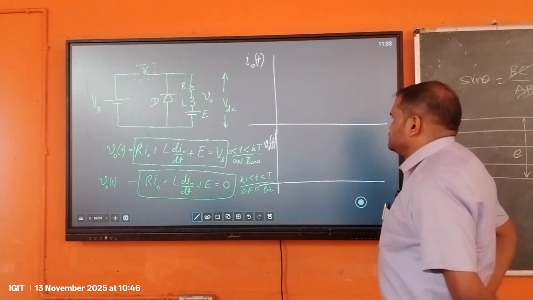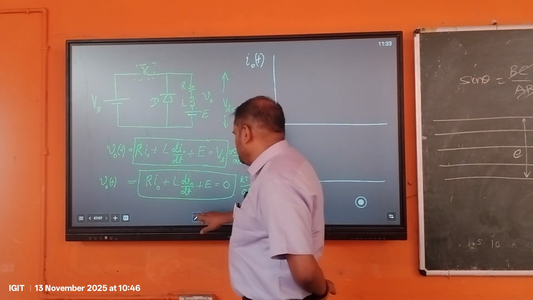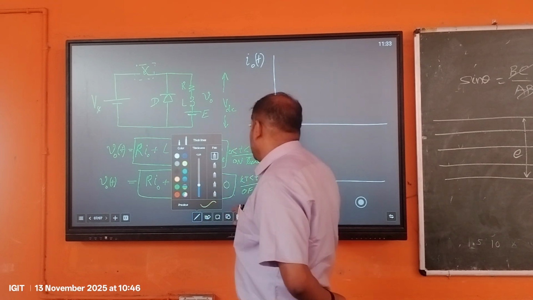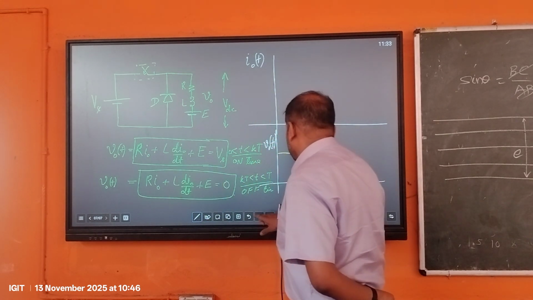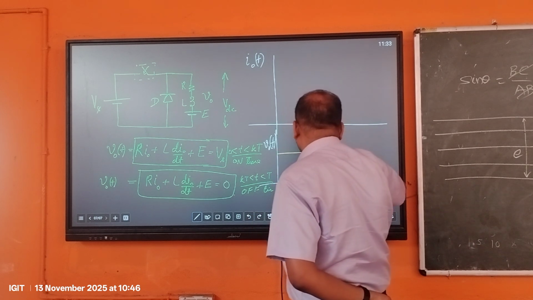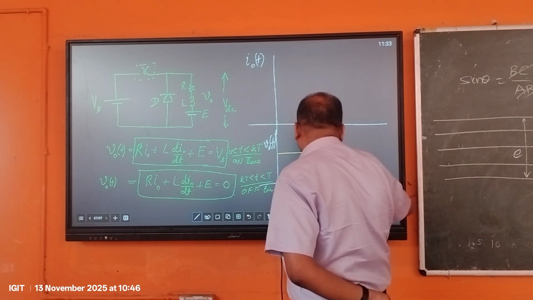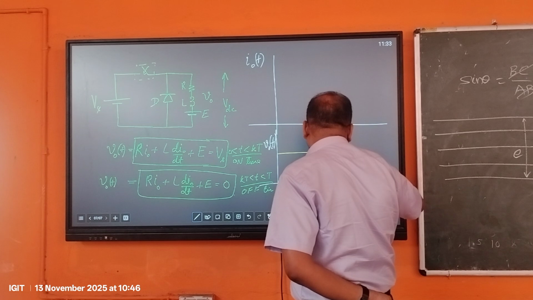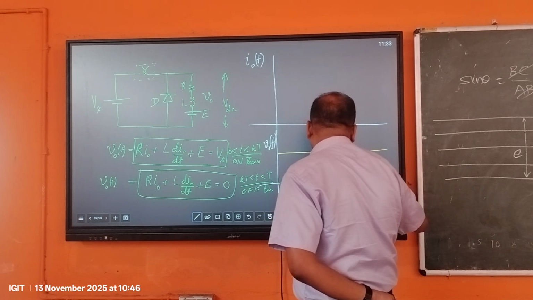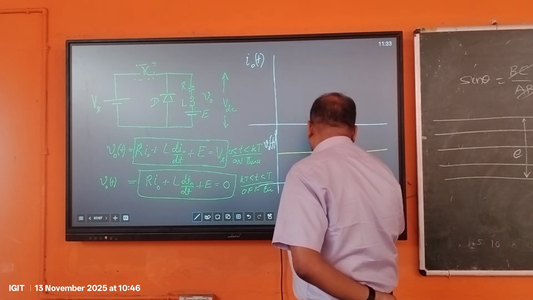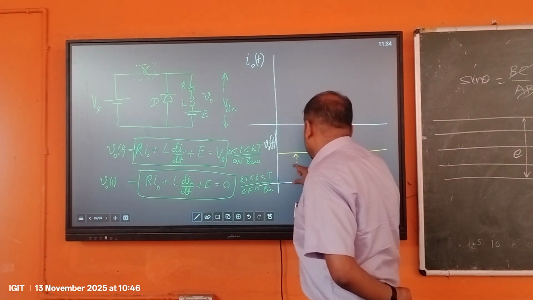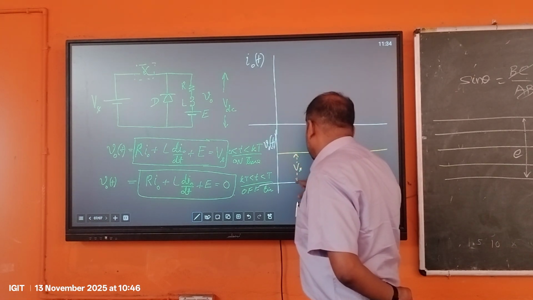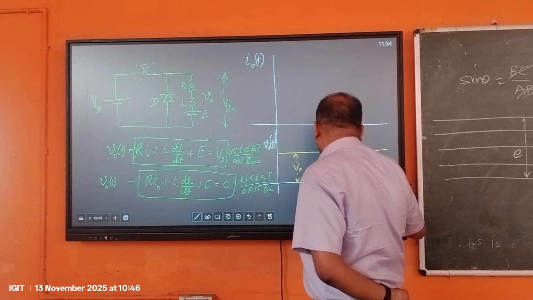Okay. So what will be the output voltage? The output voltage will look like a straight line for the time kT, and for the rest of the time it is 0. So till time kT the output voltage is there, and this value will be equal to Vs, and after that it is 0.